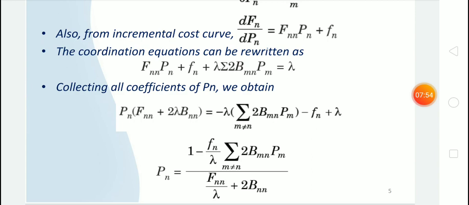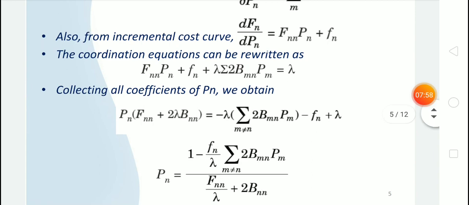That Pn can be taken along with Fnn Pn. So Pn can be taken in common. So Pn into Fnn plus 2 lambda Bnn equal to, the term can be taken to the other side, minus lambda sigma m not equal to n Bmn Pn minus Fn plus lambda.